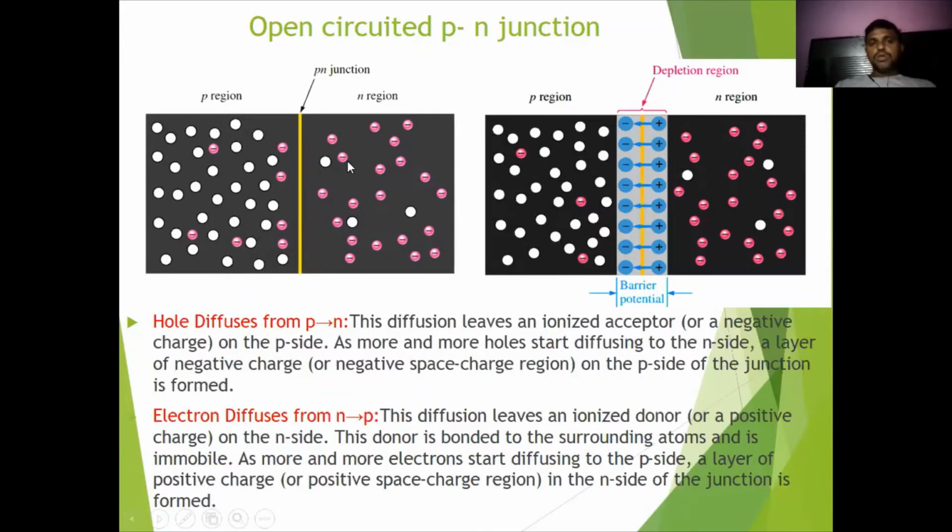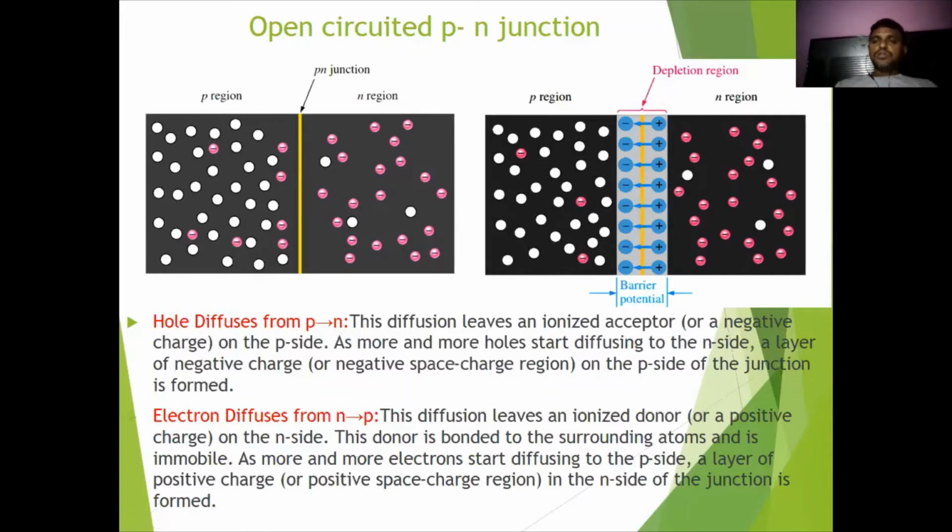If you take this to room temperature, that is the open circuit condition, what happens next? First, if you combine p and n type material, a junction is formed. If you consider an open circuit p-n junction, a space charge region forms that consists of positive and negative space charges.